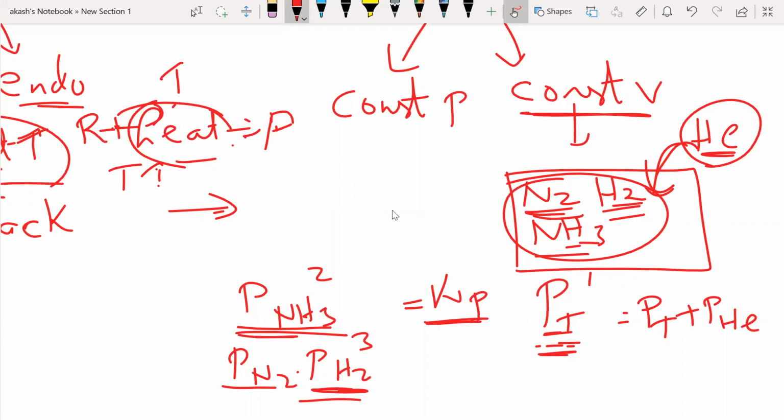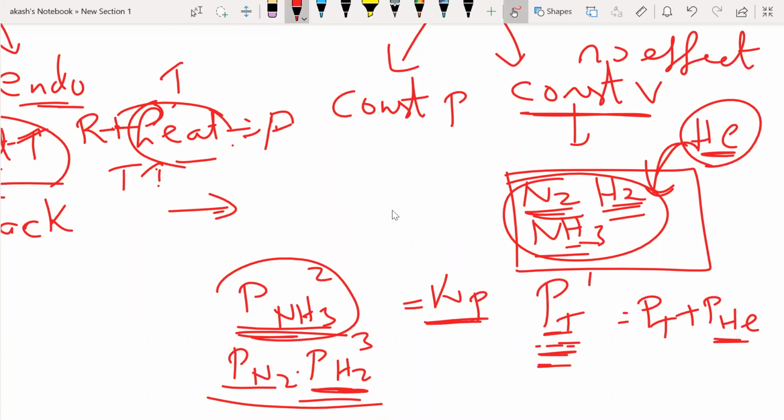No, sir. No, right? So you will see that there will be a change in total pressure just because of the addition of this helium, but the individual partial pressures of these are not going to change. Definitely, whenever you do it under constant volume conditions, there is no effect when you add an inert gas to the reaction medium.